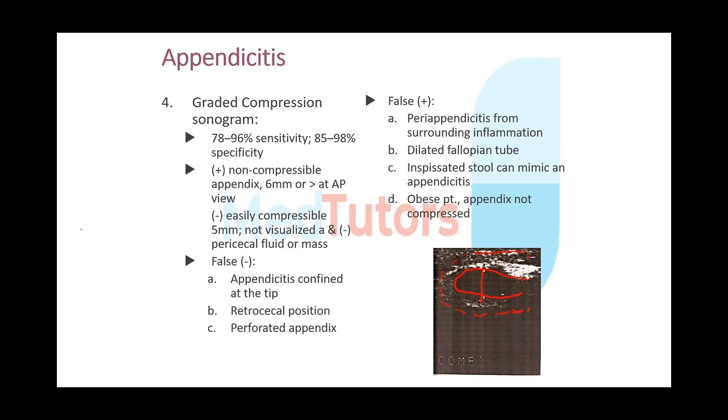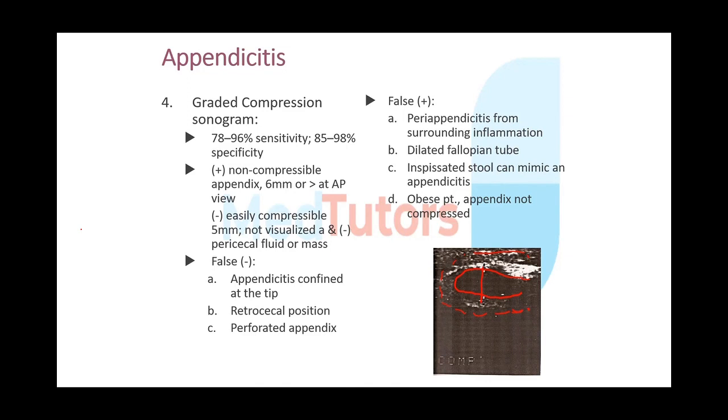It's just a form of serositis, because appendicitis has to be a transmural inflammation of the appendix. There could be a dilated fallopian tube, which will be falsely reported as acute appendicitis. You can have inspissated stool, which can mimic acute appendicitis.